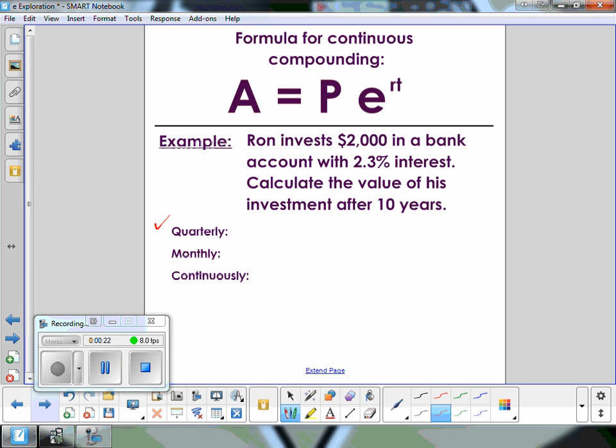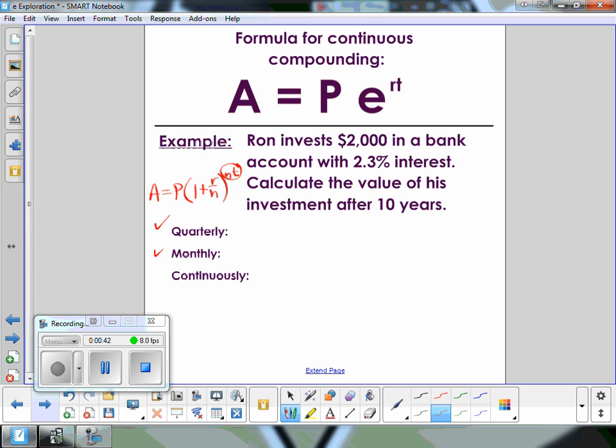We've done quarterly and monthly using the old formula, P times 1 plus R over N to the NT power, where basically the exponent is the number of years times the number of compounding periods, so periods per year.